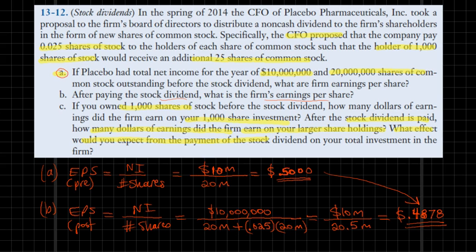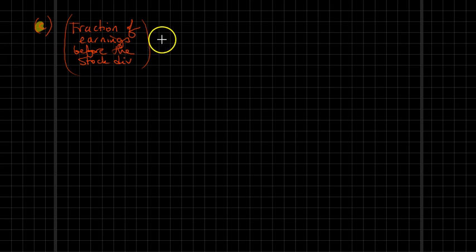Let me open a new page for this part of the problem. For part C, my fraction of earnings before the stock dividend is equal to my share of 1,000 out of the 20 million outstanding shares, and I know the overall profit was $10 million.